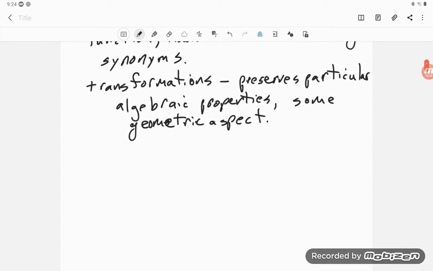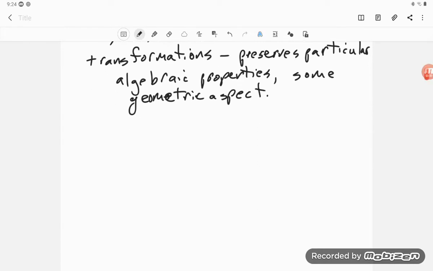And so we're looking at a linear transformation. So we'll say T from, and often, because it may have some geometric aspect, it will be a function that goes from whatever set it's talking about to another set.